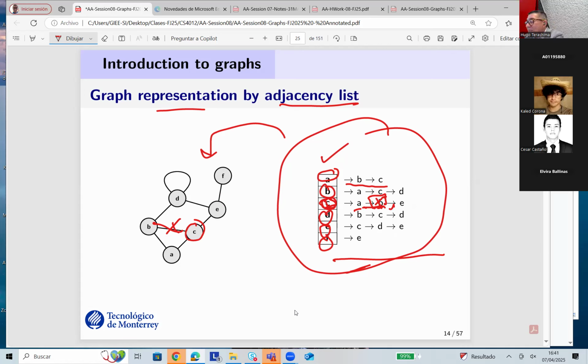What is the advantage of this representation now? Less space. Less space, right? And also, if you save it, for example, in a hash table, search is faster.